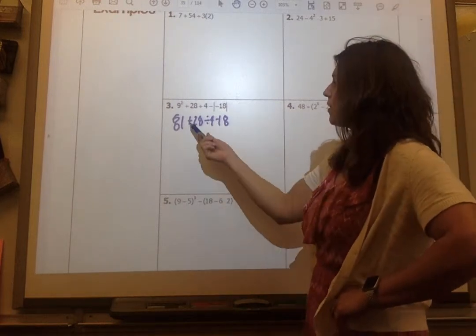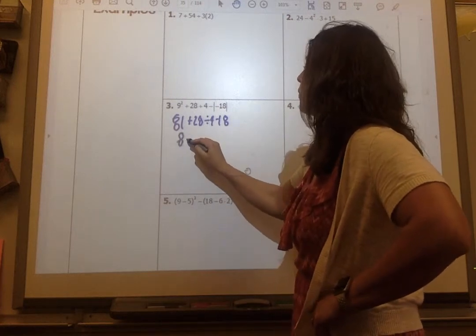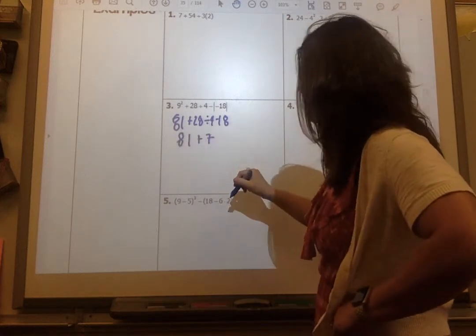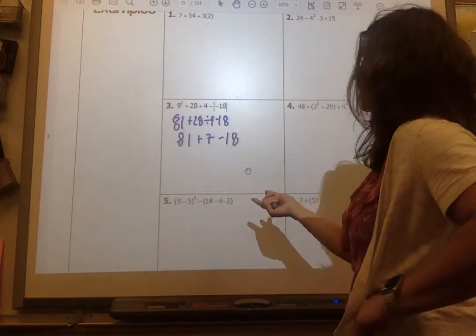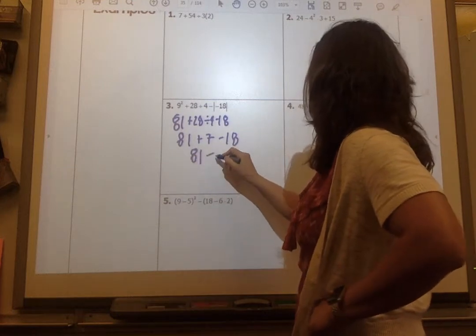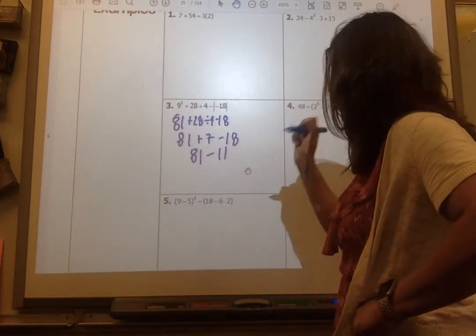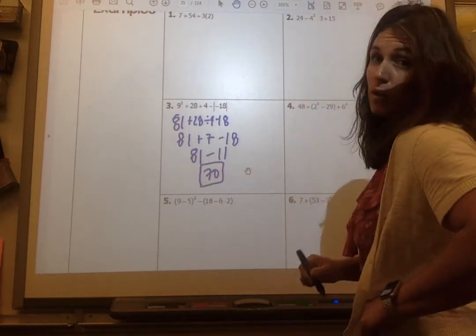So what comes next? Well, we have division. So 28 divided by 4 is going to be 7. So 81 plus 7 minus 18. And I can do this any way I want. So I'm going to have 81 and a negative 11. And so that's going to give me 70 is my final answer for number 3. So 3 should be 70.